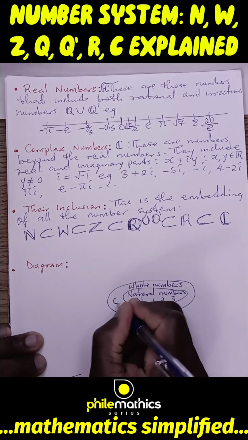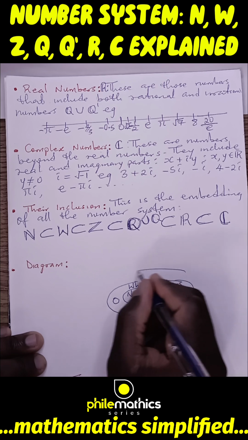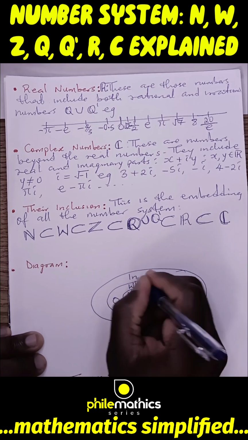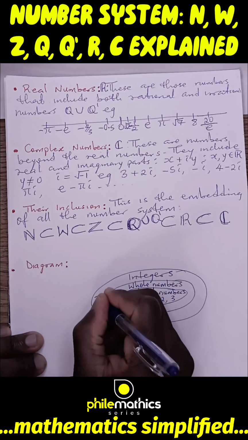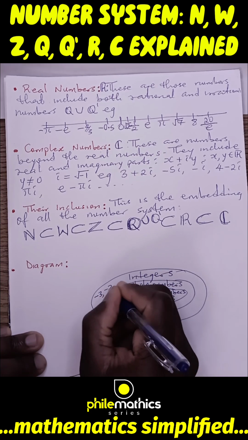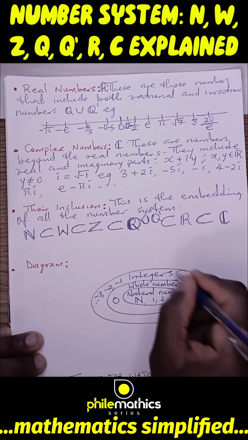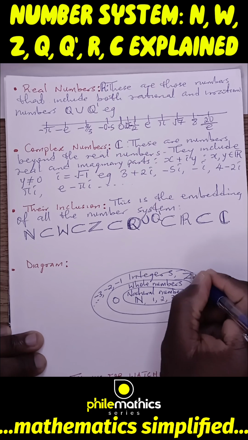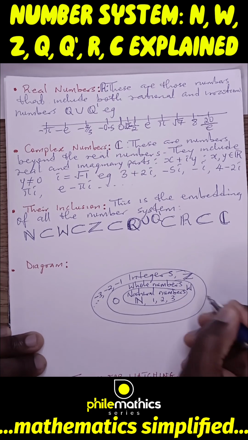This just adds 0 to the natural numbers. The next layer will be the integers. This just adds the negative part, -3, -2, -1, and the rest. And the symbol for this is Z. The symbol for whole numbers, even though there's no official symbol, we use W to represent it.